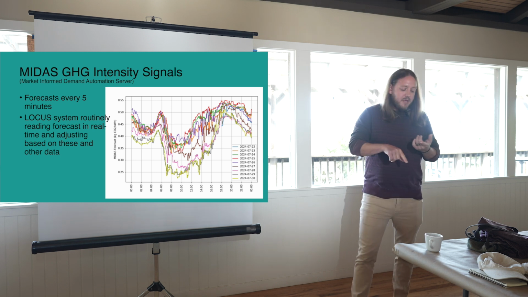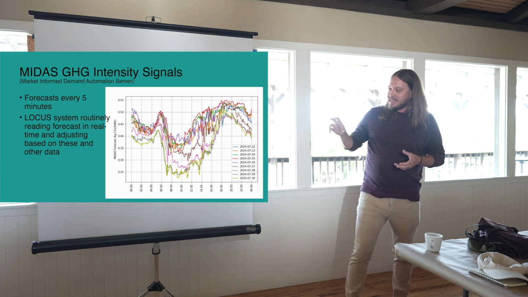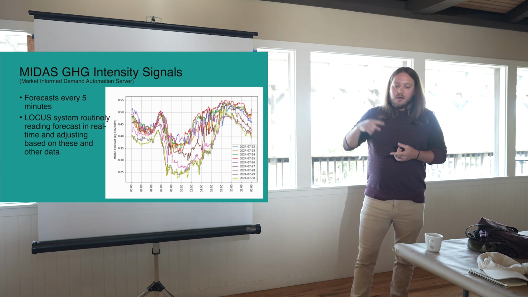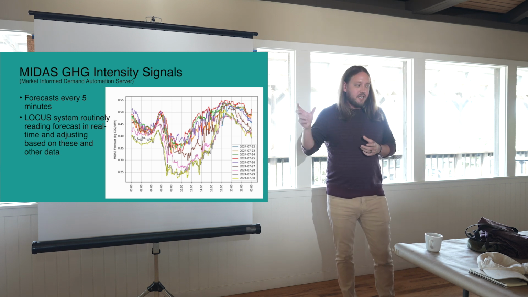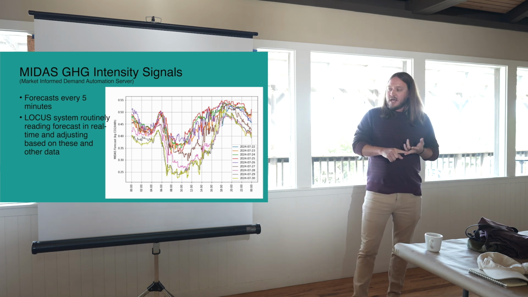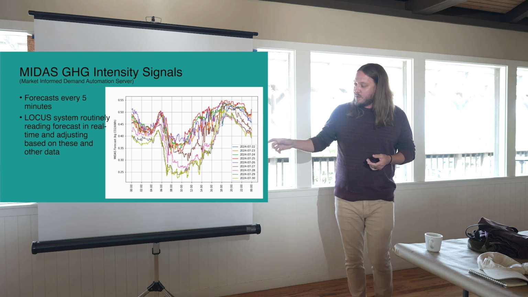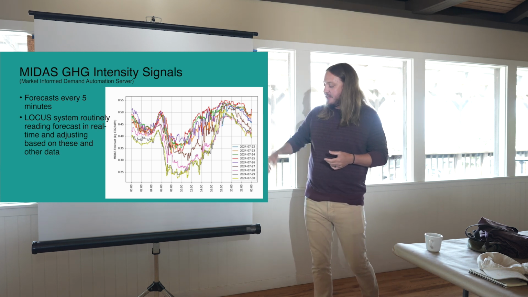So while we're trying to account for people's usage, we're also trying to optimize against this fluctuating price. So it becomes a really challenging optimization problem. The locus is constantly reading these forecasts and adjusting when it's going to charge based on what it thinks people are going to do and what the price is going to be later in the day, right? So we're constantly trying to minimize based on all this.